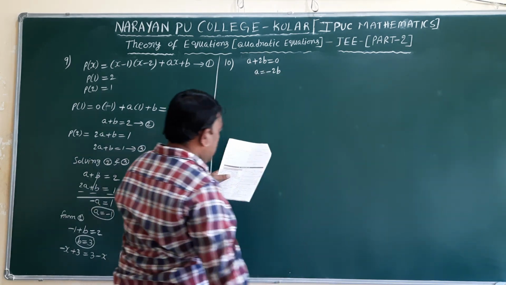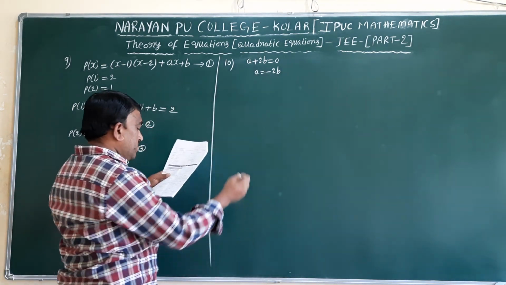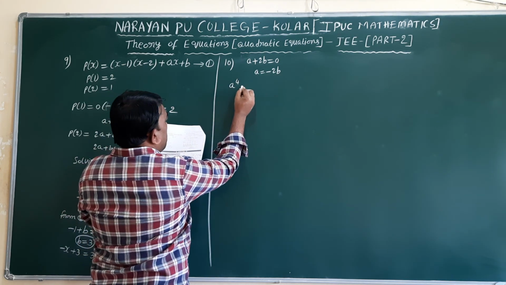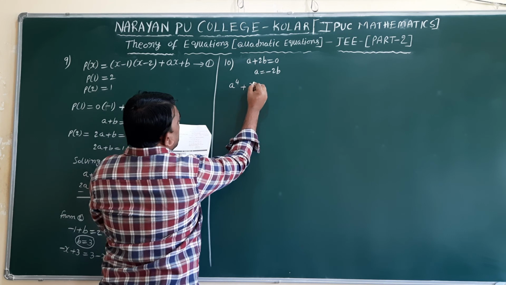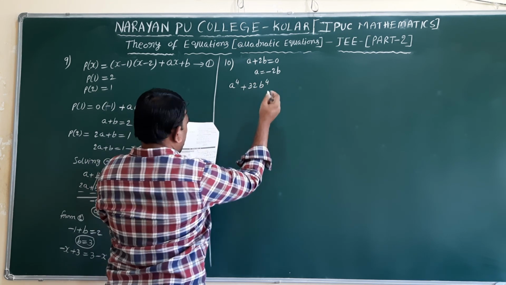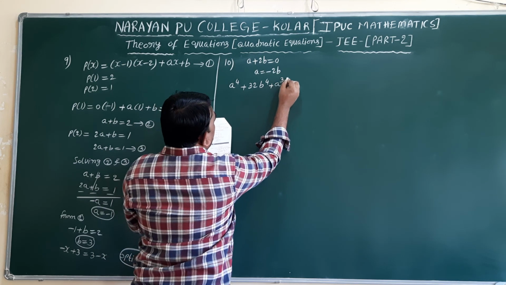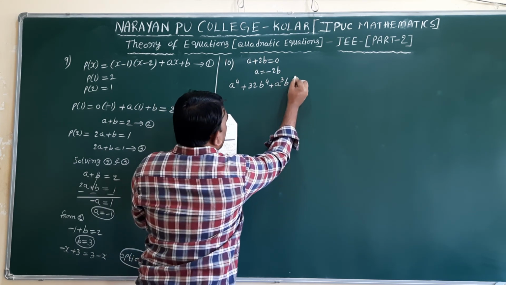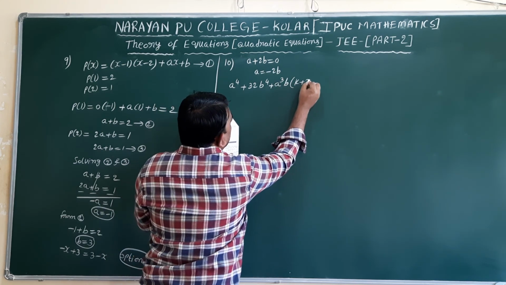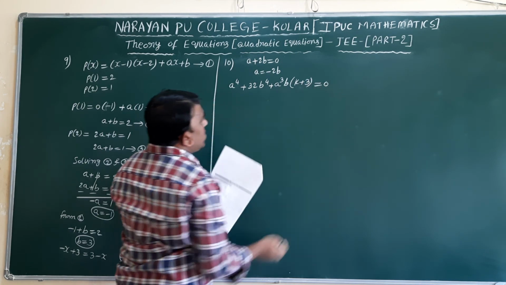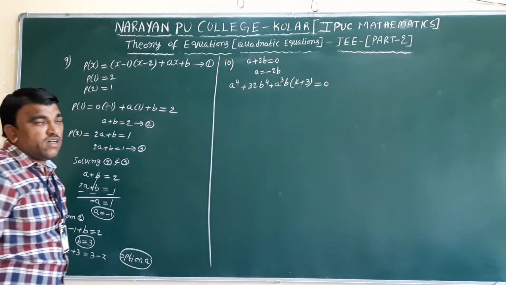Then the given equation is a power 4 plus 32b power 4 plus a cube into b into k plus 3 is equal to 0. Then what is the value of k is what is asked.